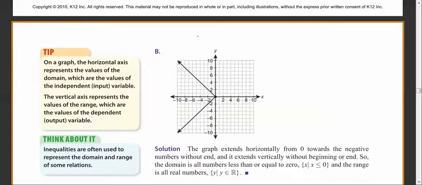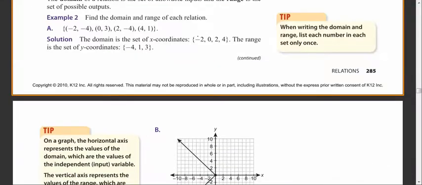One thing to keep in mind: if you have a relation given to you, as you can see here in example A, as a set made of ordered pairs, always the first one, the one that comes first, those numbers will make your domain.